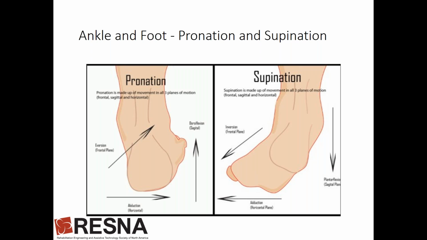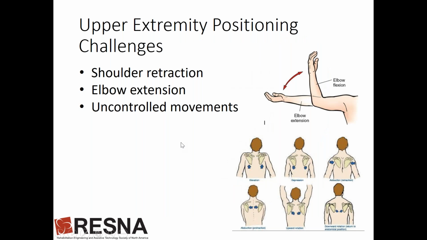So now we've gone through the lower extremity. Now we're going to go through the upper extremity. So shoulder, if your shoulders are pulled back, you have some retraction. So it's adduction, your scapulas are coming together. If you have depression, they're down, elevation is up.